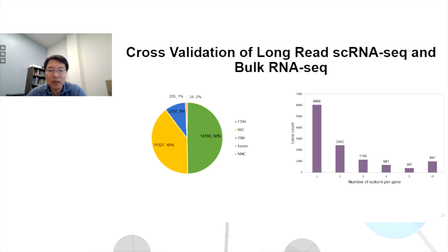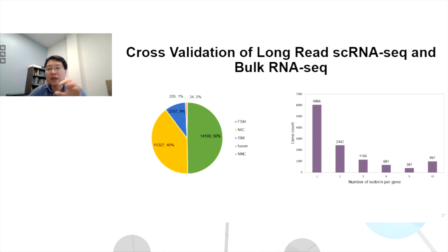So now, even though we applied very stringent criteria for the isoforms, we still worry about how we can validate this, right? Because this is still very large scale, and it is really based on sequence and alignment. So we would like to do some sort of cross-validation of the long-read data.